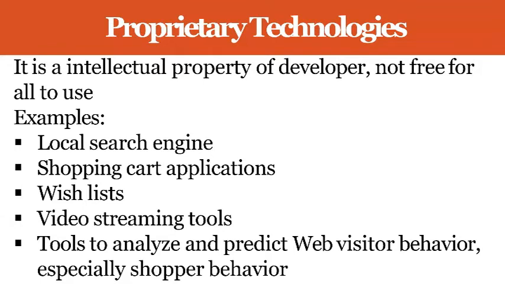For example, we have the local search engine, the shopping cart applications, the wish list, the video streaming tools, and tools to analyze and predict web visitor behavior, especially shopper behavior. So that is proprietary technology. This is not free for all to use.